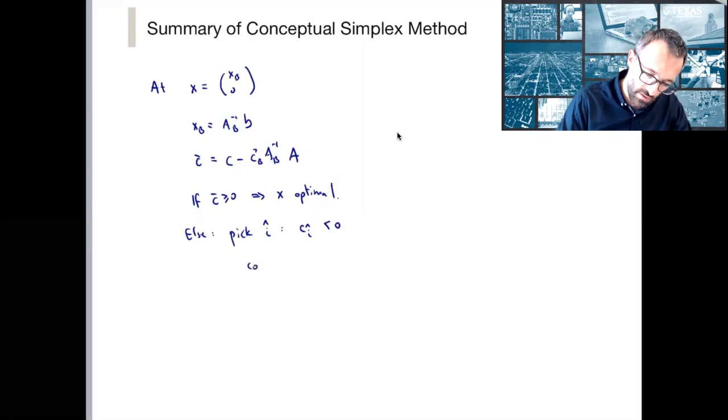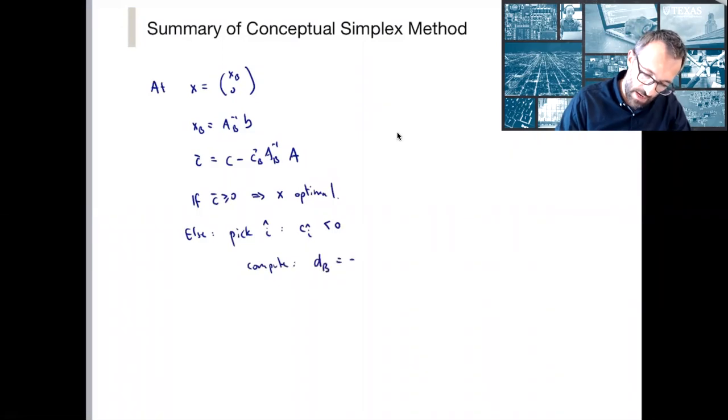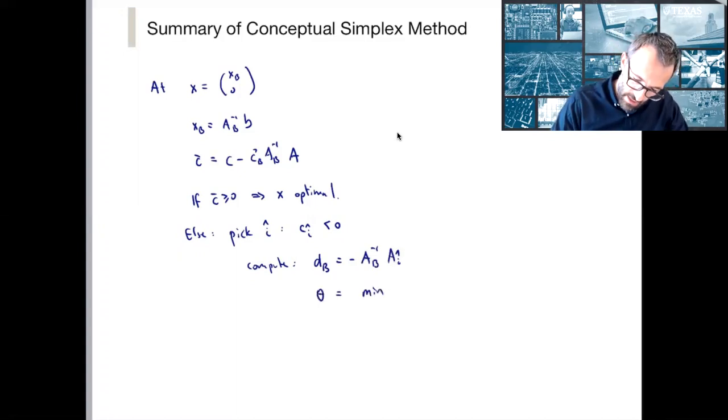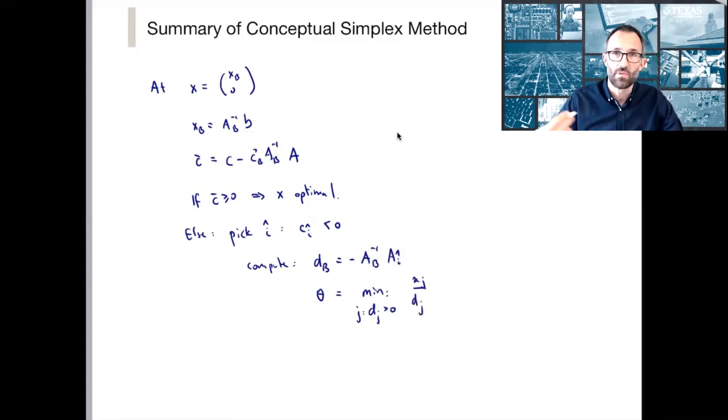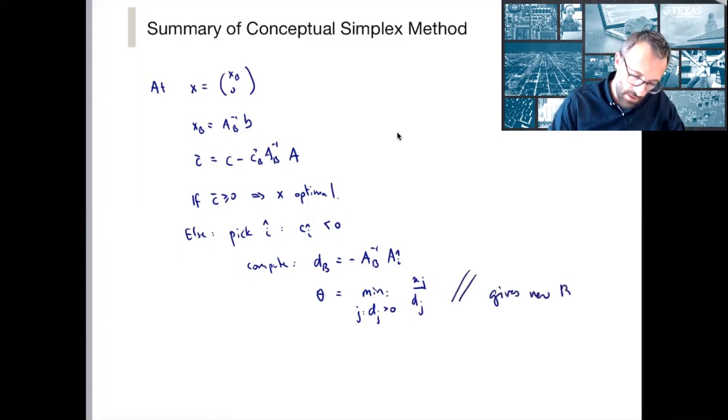We compute d_B, which is equal to minus B inverse A_i hat. We compute theta, which is equal to the min over all j such that d_j is negative of x_j over minus d_j, and this gives us the new basis B, and therefore x new is equal to x plus theta d.